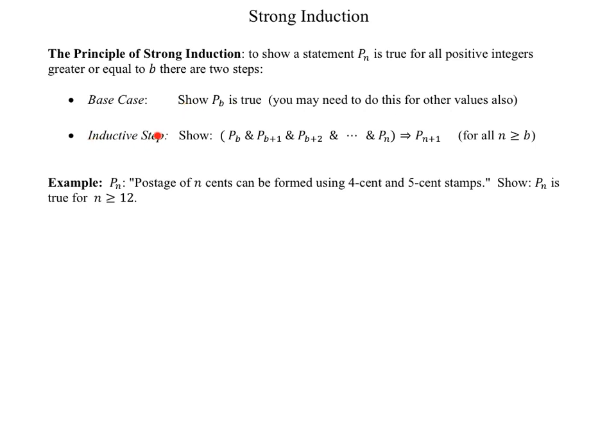Now for the inductive step, let's say we're viewing the problem as a line of dominoes. In regular induction, you've got one domino knocking over the next domino to create this chain reaction effect of true statements. Well, let's say maybe the 100th domino was really heavy and the 99th domino didn't knock over the 100th domino.